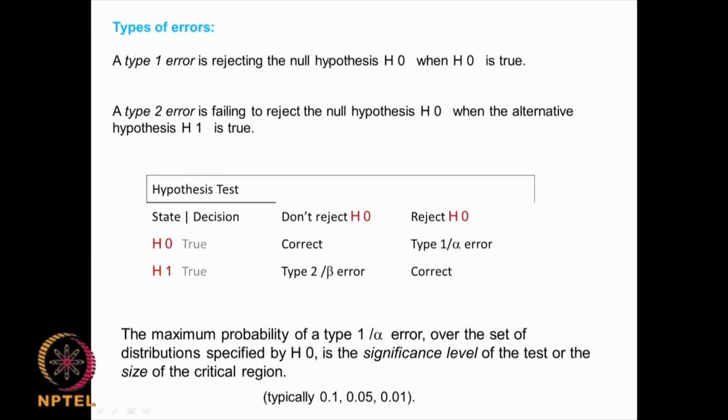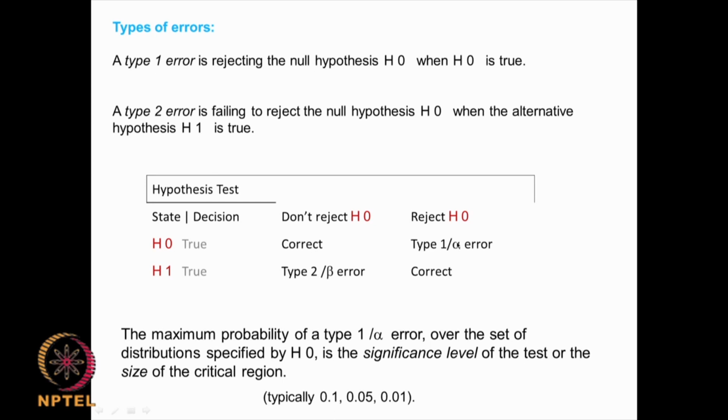So, we have two situations. Consider the table: do not reject null hypothesis, reject null hypothesis, null hypothesis true, alternate hypothesis true. Here, when the null hypothesis is true and you do not reject it, this is correct. Similarly, when the alternate hypothesis is true and you reject the null hypothesis, this is a correct situation.